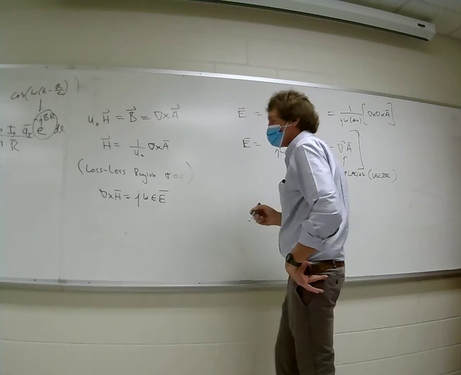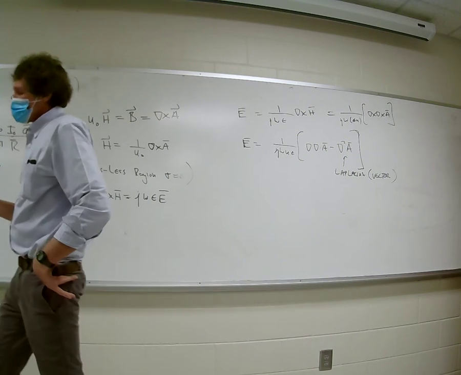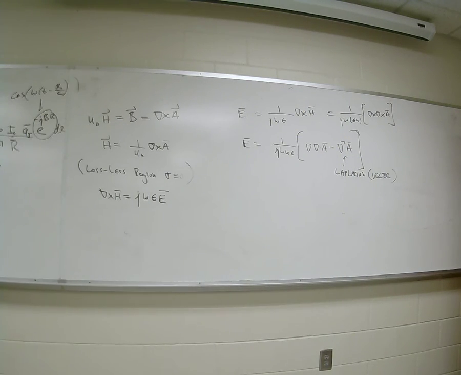Now you got to be careful about vector Laplacians, because that is not just del squared of ax plus, in Cartesian, del squared of the ax component, ax plus del squared of the ay component, ay plus del squared of the az component, az.